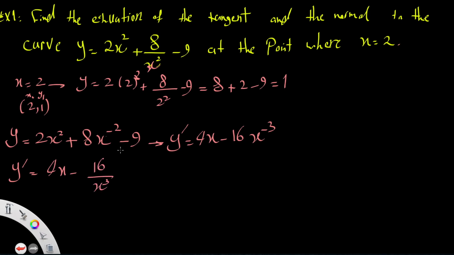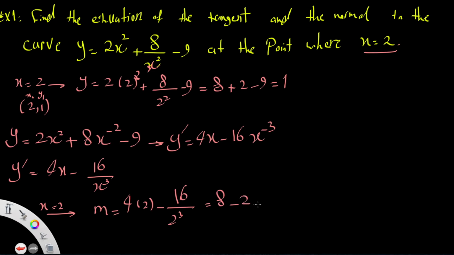It is the gradient formula, but we need the gradient at the point for which x is equal to 2. So I replace x with 2, and it gives the gradient at the given point: 4 times 2 minus 16 over 2 cubed, so it will be 8 minus 16 over 8, which is 2, giving 6.